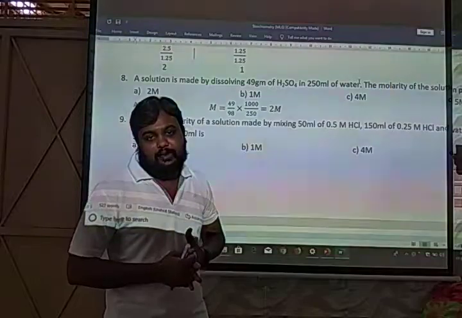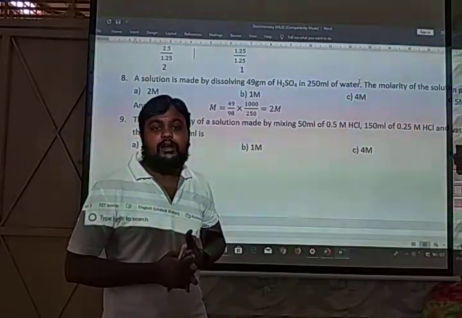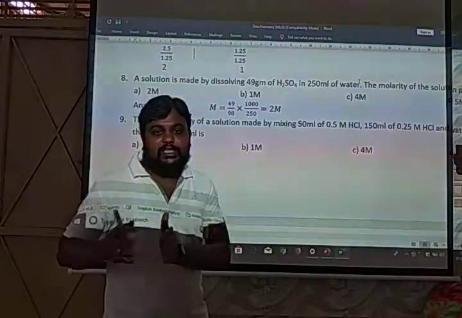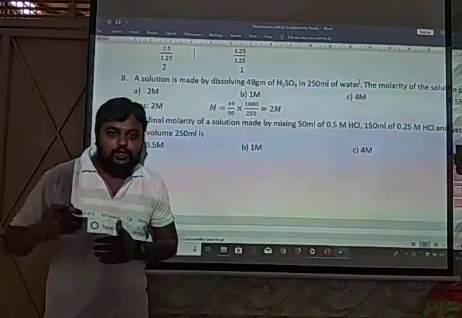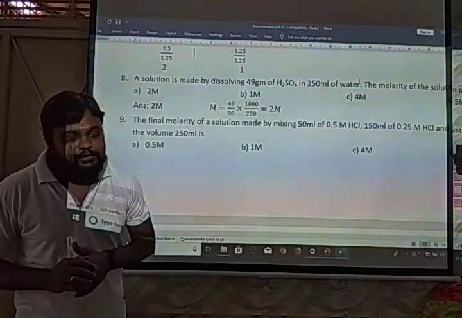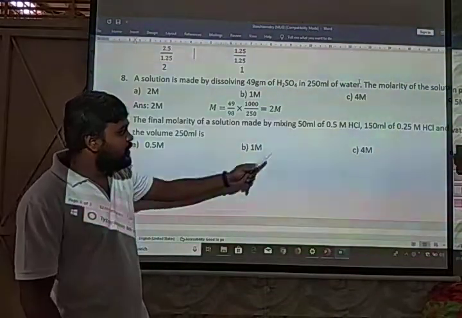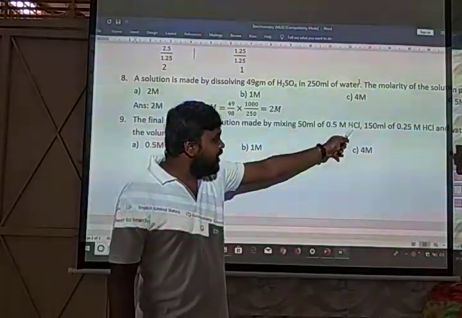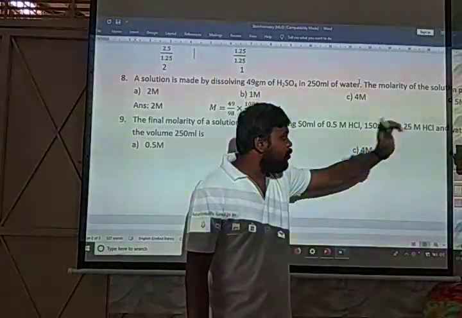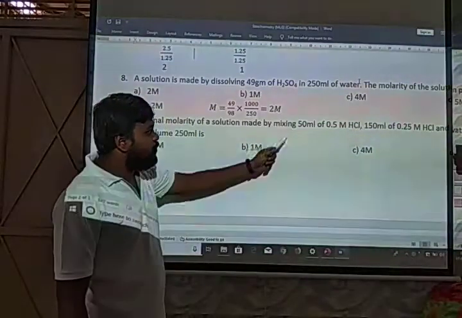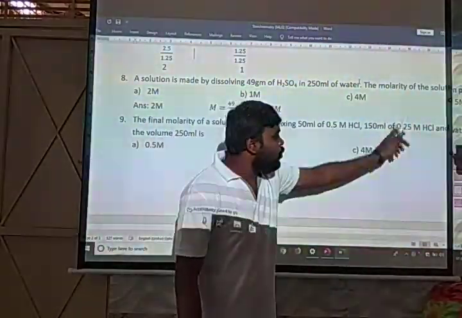To find the resultant molarity, we have a formula, molarity of mixture of acids equals M1V1 plus M2V2 divided by V1 plus V2, as I already told you. The first solution is 50 ml of 0.5 molar HCl and the second solution is 150 ml of 0.25 molar HCl. So this is V1 M1 and this is V2 M2.